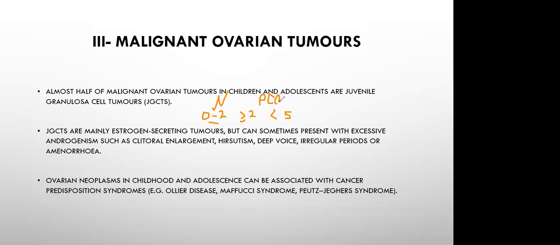And more than or equal to 5 nanogram per liter, this is definitely a problem with androgen production. This is maybe an androgen secreting tumor, or in young age, what else could it be?